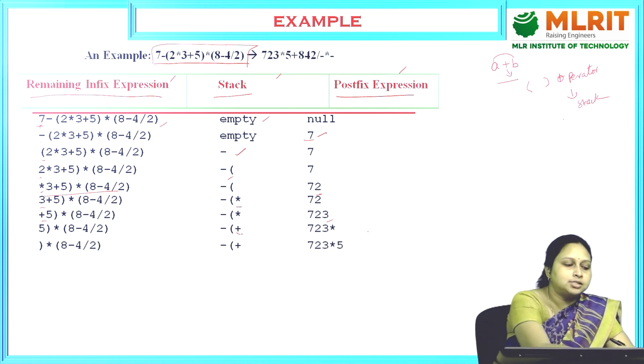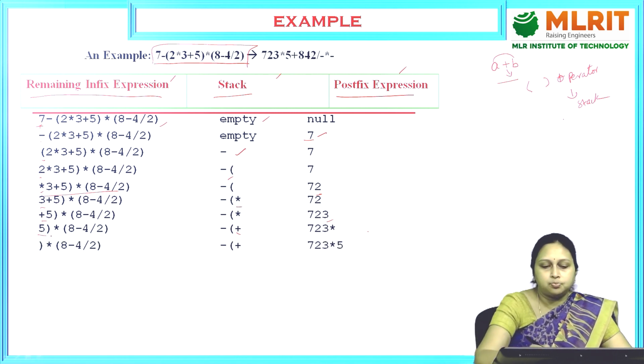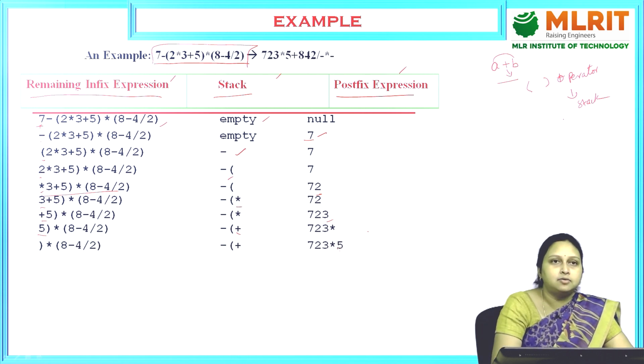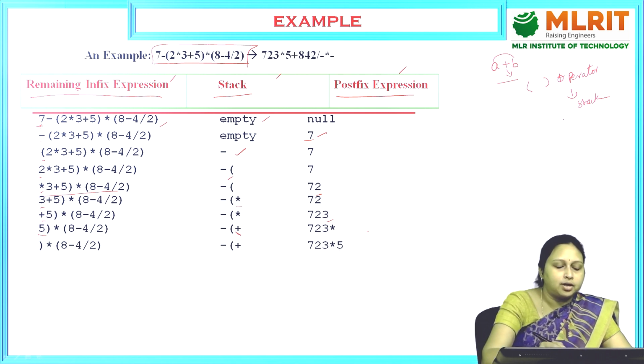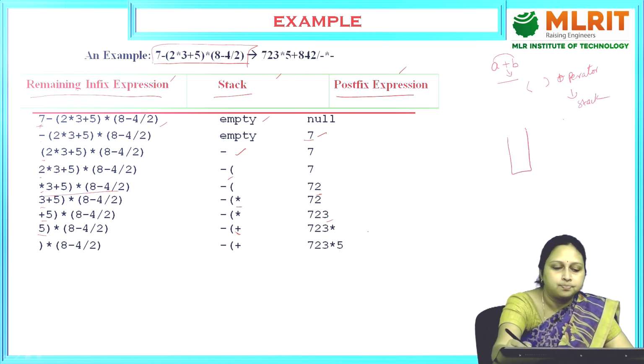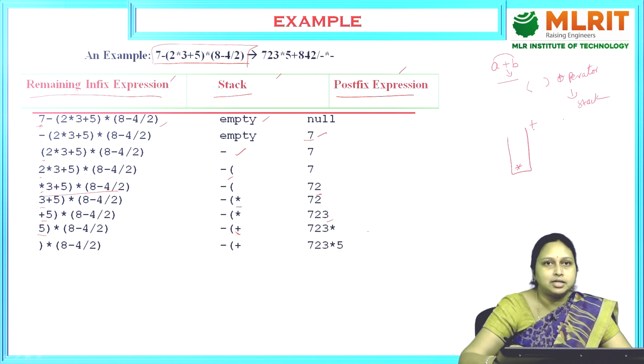Here one thing I have missed. After star, I am getting the plus. In the stack, I already have an operator and the incoming symbol is plus.